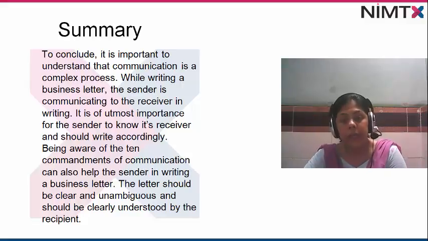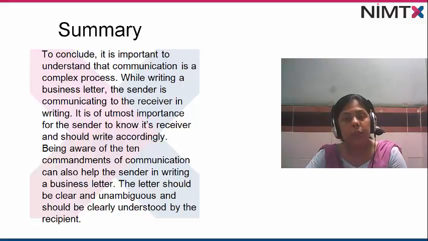The letter should be clear and unambiguous and should be clearly understood by the recipient. As mentioned earlier, it should be clear. We all know that whatever we are communicating, whether it is oral or written, it should be clear and unambiguous. There should not be any ambiguity.